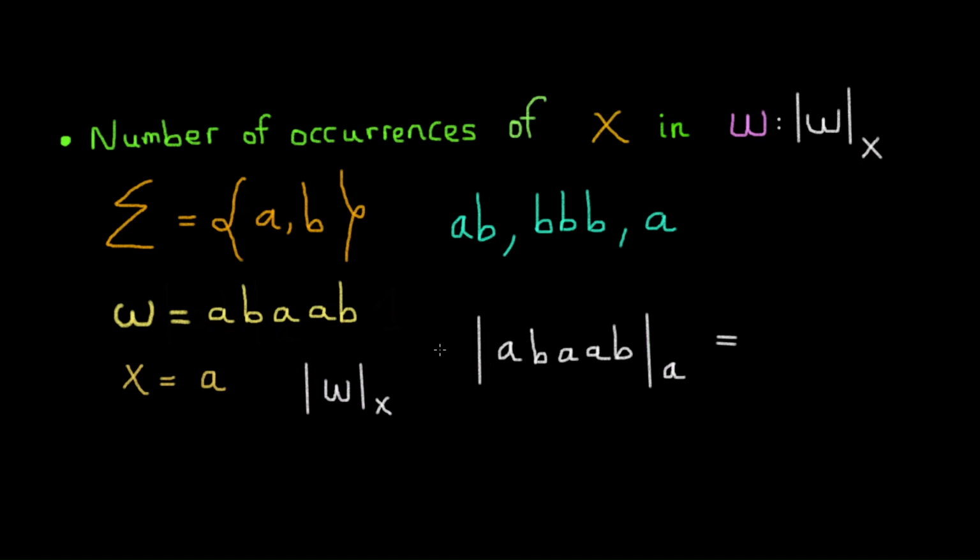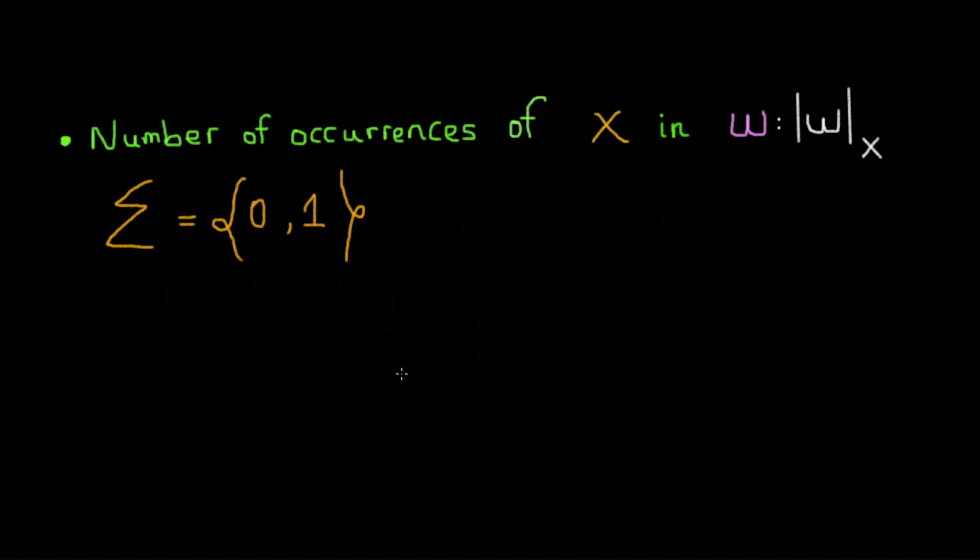And so now if we count how many A's we have in this word, we can see we have 3. We have this one, this one, and this one. So we have 3 occurrences, and thus this expression is equal to 3. So this is how we represent the number of occurrences of a word within another. Very well. Let us now suppose that we have a new alphabet that consists of 2 symbols, the symbol 0 and the symbol 1.